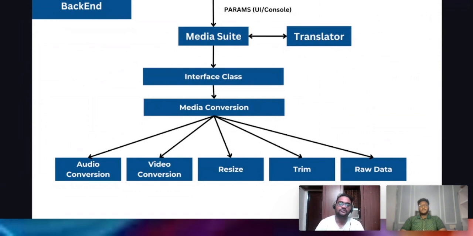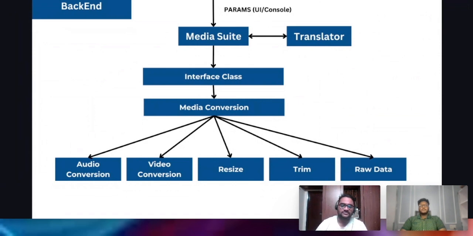From that point of view, we came up with a simple interface class. In the re-architecture video I explained this in a bit lengthier way, but just to be quick, there is an interface class and a media conversion class. In the media conversion class we'll have audio conversion, video conversion, resize, stream and raw data.